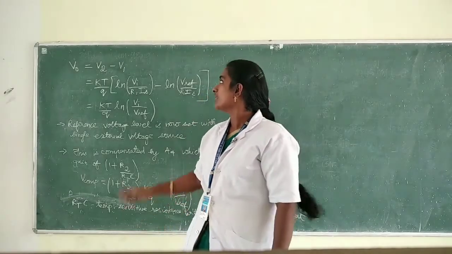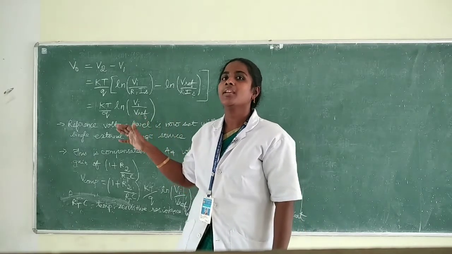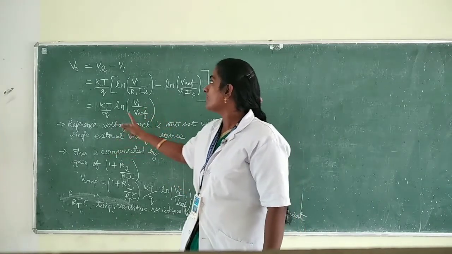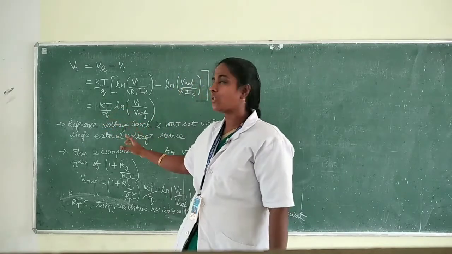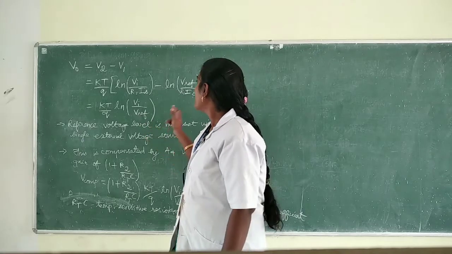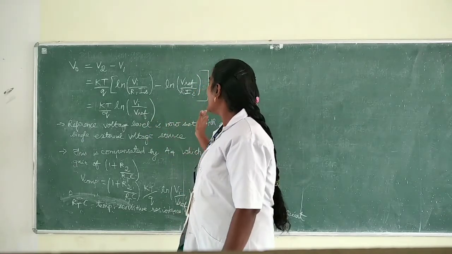So we are going to find the output voltage V0 is equal to V2 minus V1.